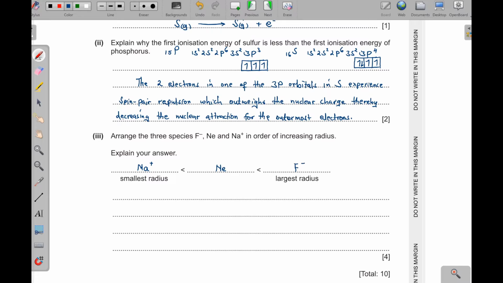So in my explanation, I will say all have the same number of shells, or electronic configuration.